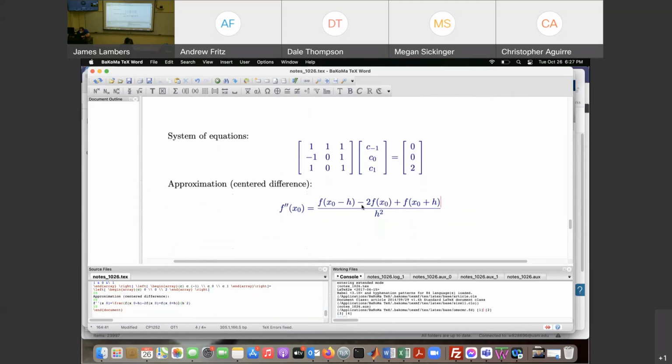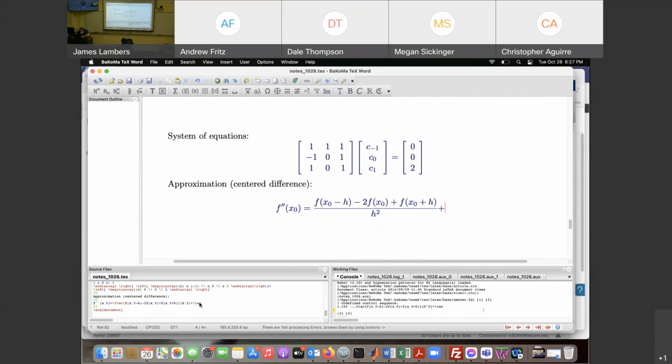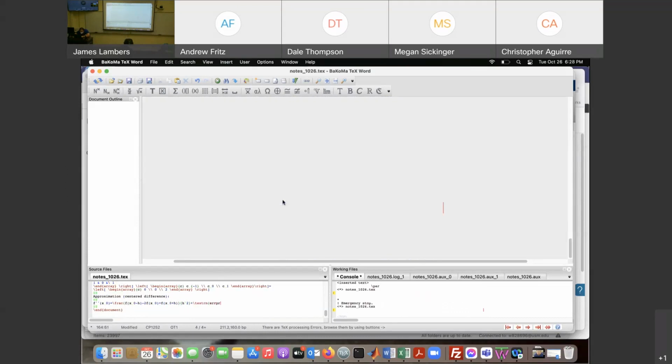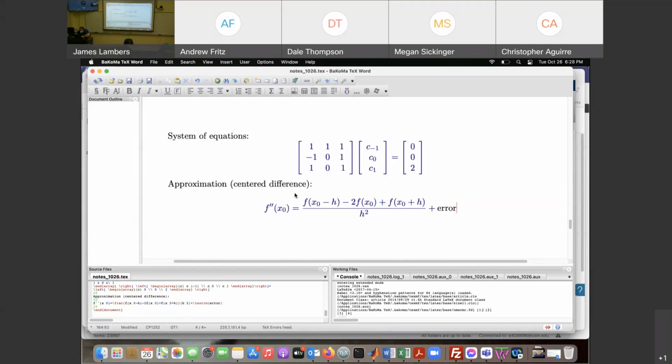Okay, so this is my approximation plus error. Any questions up to this point before I look at the error term?